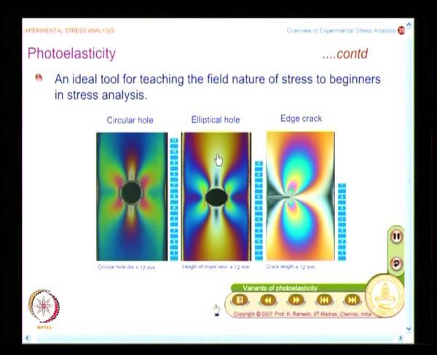And it was Inglis in 1913 who analyzed an elliptical hole by theory of elasticity. His results showed a crack is not innocent and a crack is potentially dangerous.